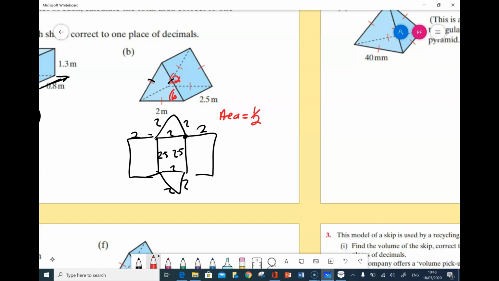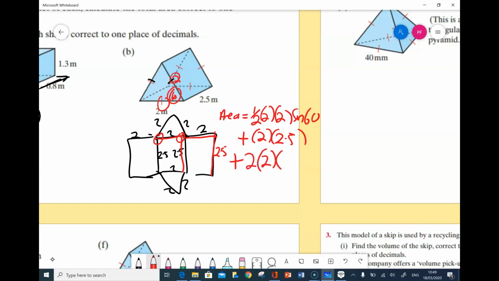So half times 2 times 2 times sine of the angle in between, sine 60, and onto that I have to add the area of my base, which is just 2 meters multiplied by 2.5, so plus 2 by 2.5. And then I've got my sides, which are going to be 2 meters by 2.5 meters. But there's 2 of them, so I'm going to multiply that 2 by 2.5 by 2. And when I do all that together, I get 18.5 meters squared.